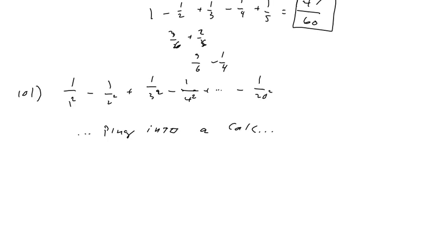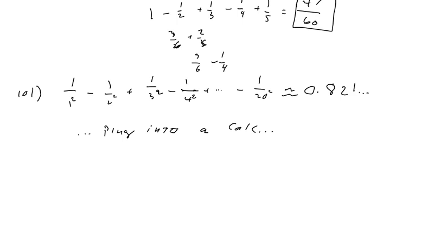Overall, let me see if I have the answer here for this 101. When you get this answer figured out, you're going to get something that's close to 0.821 dot dot dot.